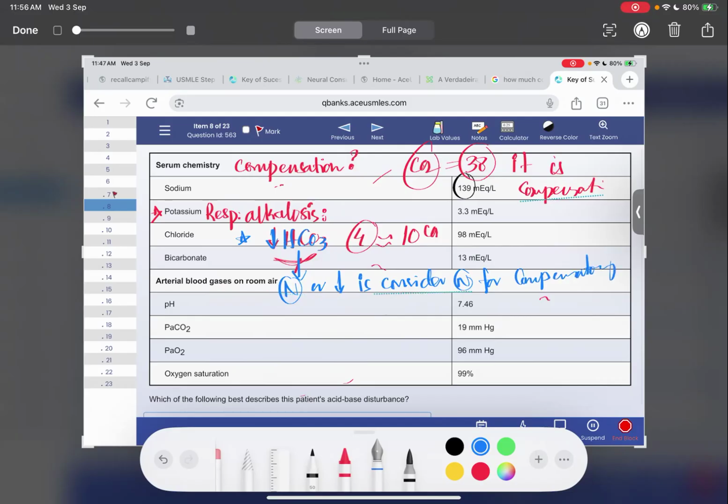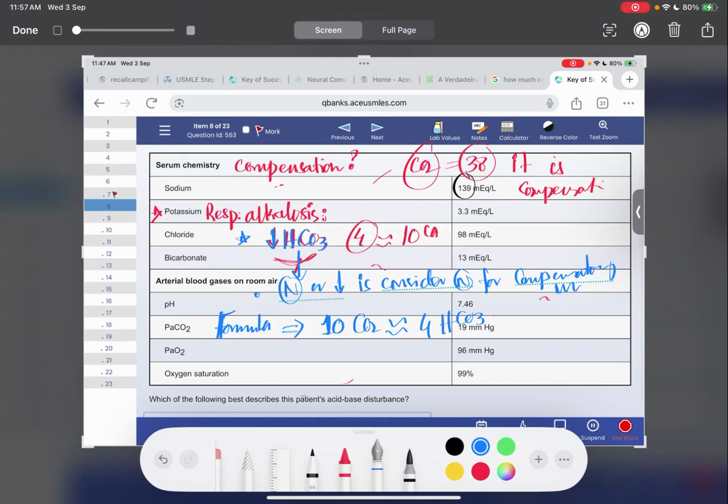We will know this from our formula, which is saying, note this point, that for a difference of 10 in carbon dioxide, the normal difference in bicarb will be 4. It is simple, okay?